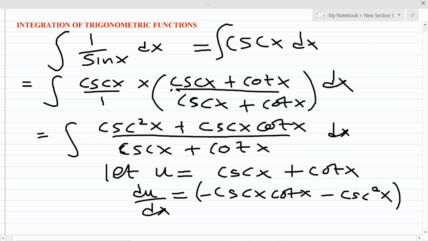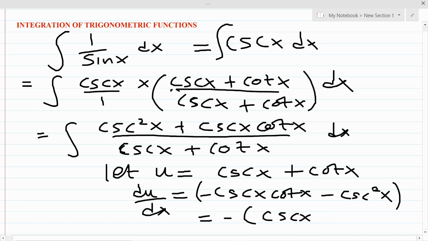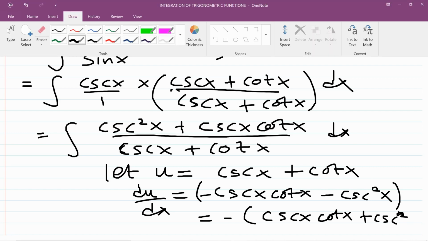Now the du dx will be equal to what? Negative cosec x cot x, rather, so we'll get something like negative cosec x cot x minus cosec squared x. Let me write it back.